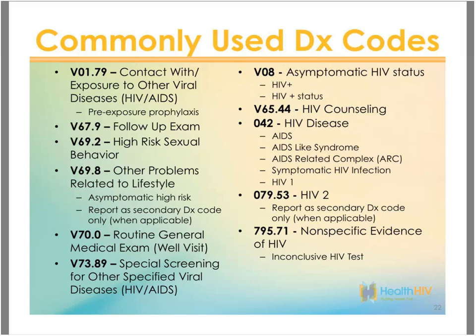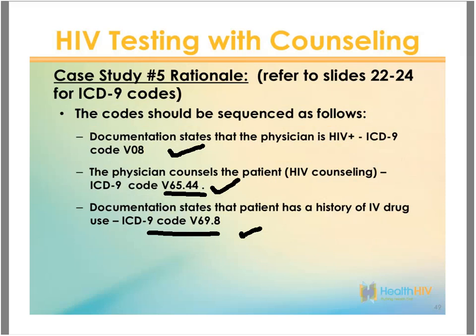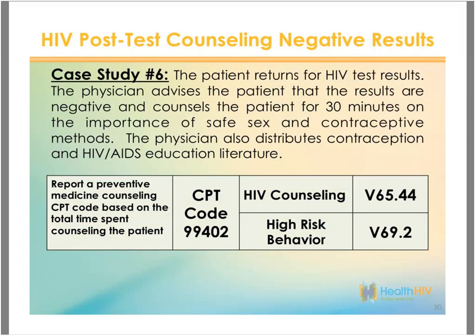Let's go back. Alrighty. The next scenario is one where the patient is coming back for counseling and their results are negative. If you remember from the coding guidelines that we were reading, there is no diagnosis for a patient who presents for negative results, but you're still counseling the patient nonetheless.